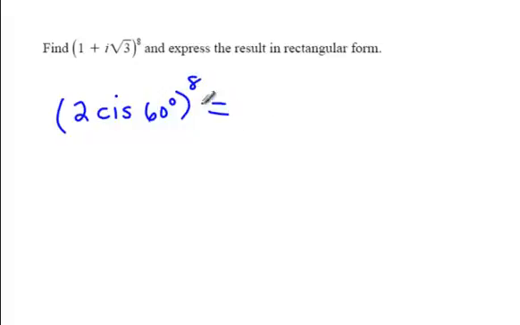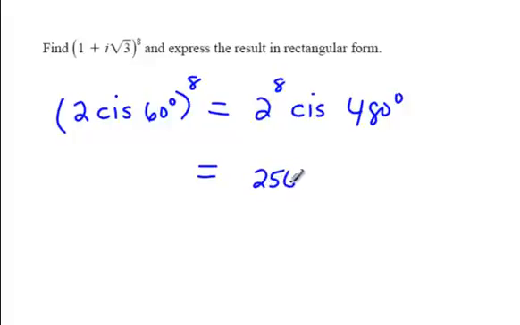Now we can use de Moivre's theorem. Well, this is simply 2 to the 8th power cis 60 times 8, which would be 480 degrees. 2 to the 8th power is 256. So we have 256 cis. Now let's find the coterminal angle with 480 degrees, and that's the same as a 120 degree angle.